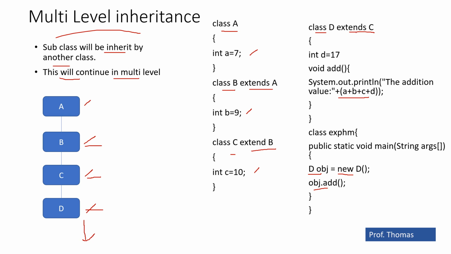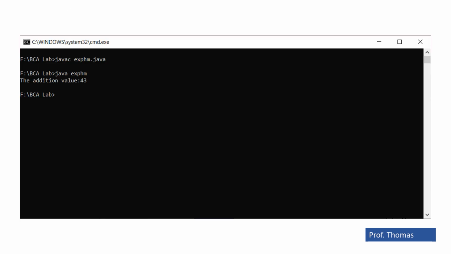Class D extends only C, but C extends B, so C implicitly can use the variables of B, and B extends A, so it also uses the variables of class A. So class D can access all the class A, B, and C variables. So we add these variables. The output of this program, the addition value, is 43.